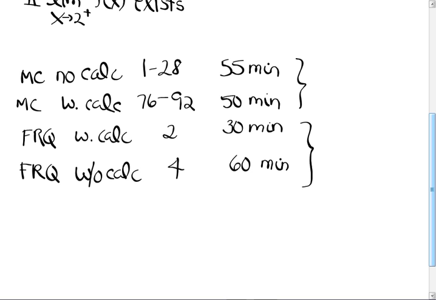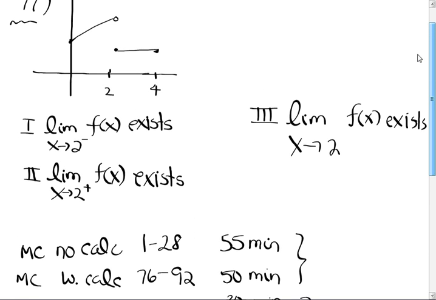They're all equal. Your whatever 40 points are all equal, even though the time is different. That doesn't matter. Okay. Ready to do the problem? 76 through 92. I don't really care.